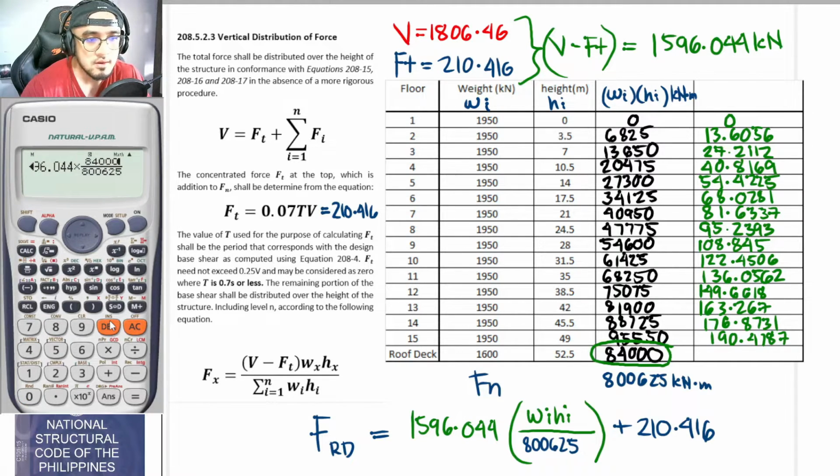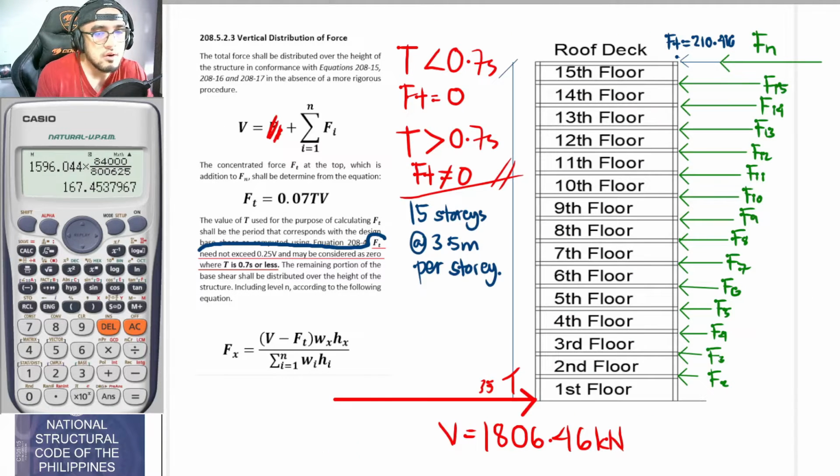So looking at the calculator to your left, this is now 1596.044 times 84,000 divided by 800,625. Okay, so 167.454 or 45, because it is not showing on the screen any longer.